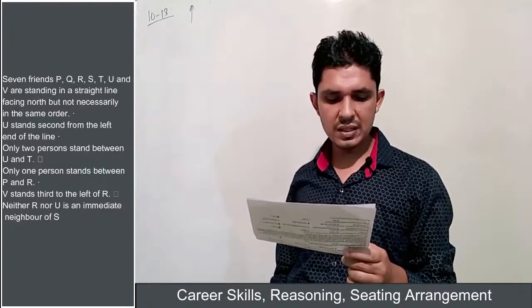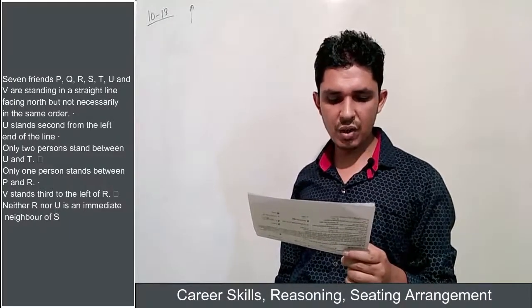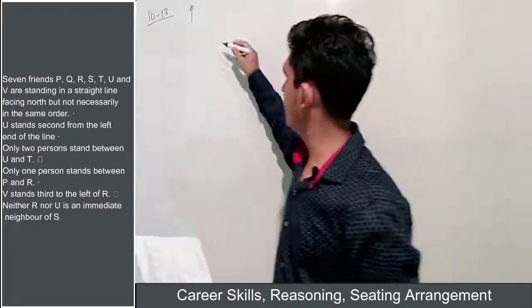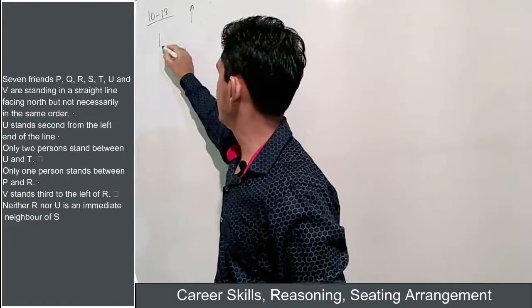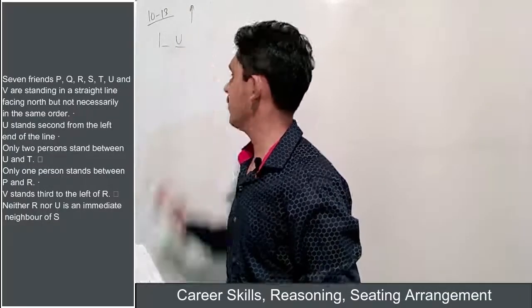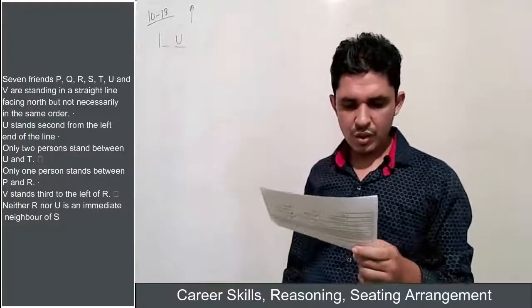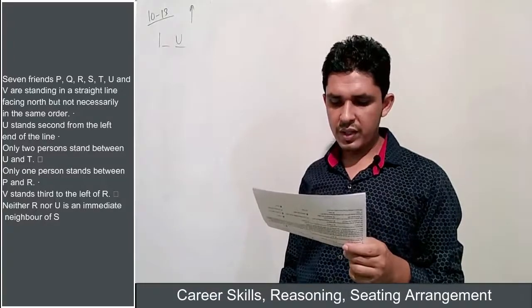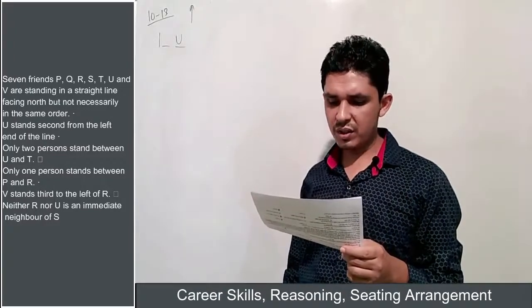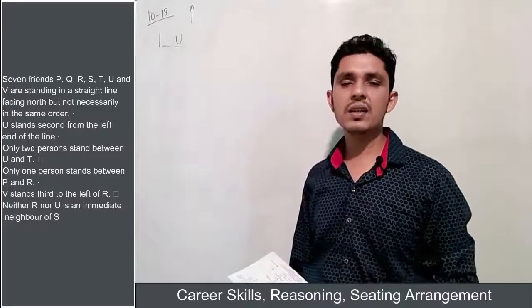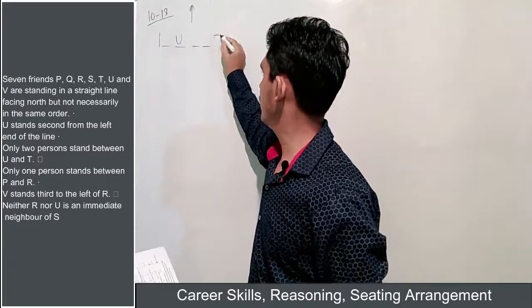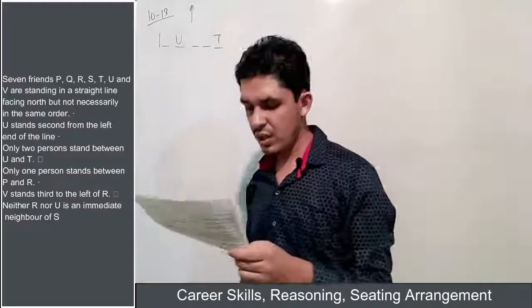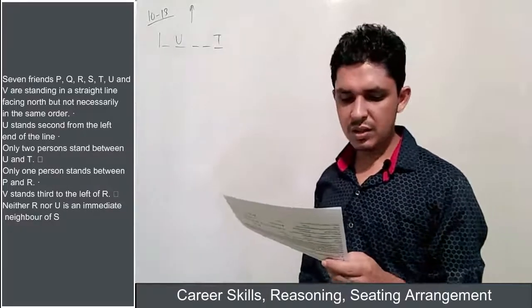U stands second from the left end of the line. That means whatever is the left end, U is standing second from it, right? Thereafter only 2 persons sit between U and T. If U is second and there are two persons between U and T, the arrangement should be like this.